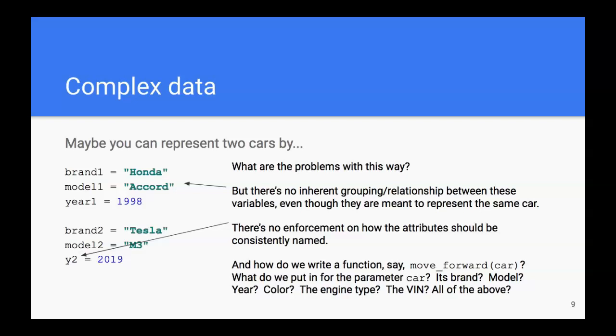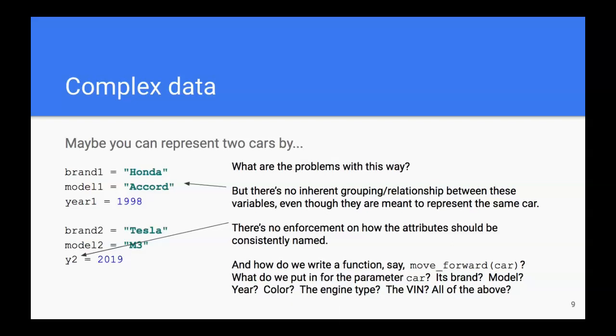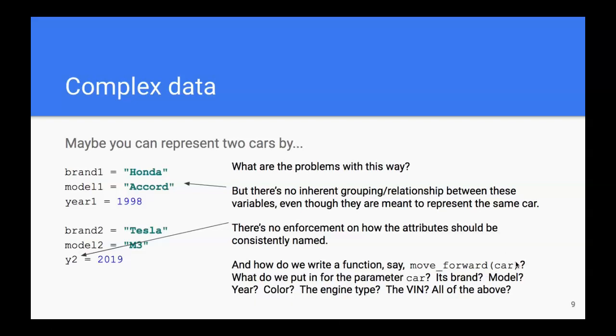And then finally, a car really can do a lot of things, right? For example, the most basic thing is it drives forward. So how do you write a function, let's say move forward, where we want to move a particular car forward? In this case, what is the parameter car? What represents a car? Is it the brand name? Is it the model name? Is it the color? Is it the year?